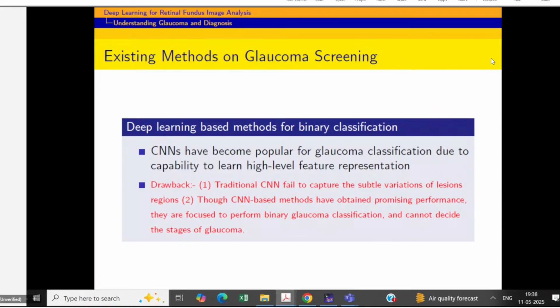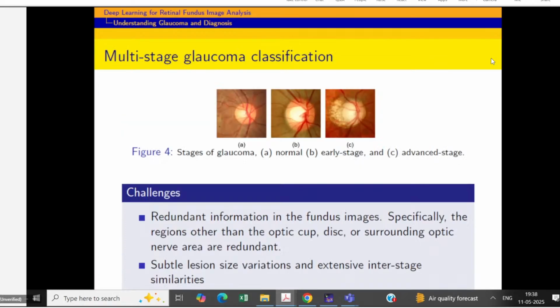There are also a couple of methods in the literature which mainly focus on solving the binary classification problem but cannot decide the stages of glaucoma. You will find very limited papers on multi-stage glaucoma classification, basically through fundus images.